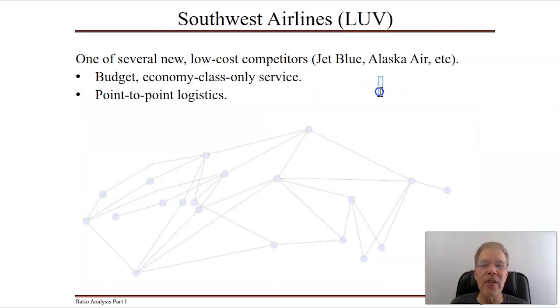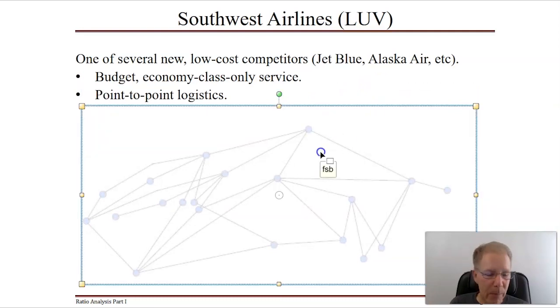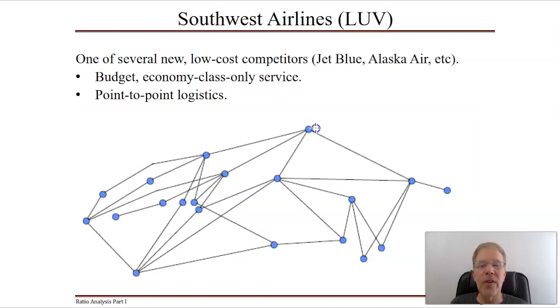And they also characteristically did not have a hub and spoke system. They had what's called a point-to-point logistics system that looks something like this. And the way that it works is if, for example, in Austin, Texas, 10 gates would open up, Southwest would go in and grab those. And same thing, if some gates opened up in Miami, they'd go in and grab those. So they just opportunistically build their structure by gates that they could get.